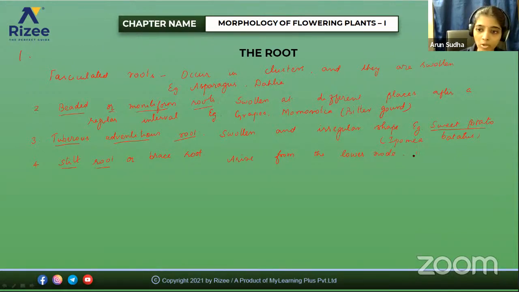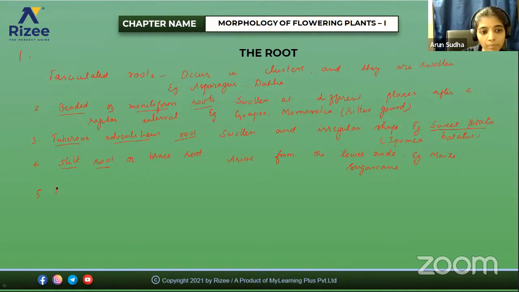So the examples are maize and sugarcane. The main purpose of the stilt root is that they are called supporting roots. They give stability to the plant.